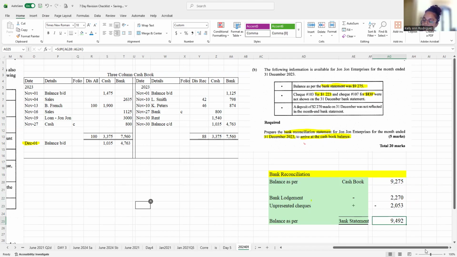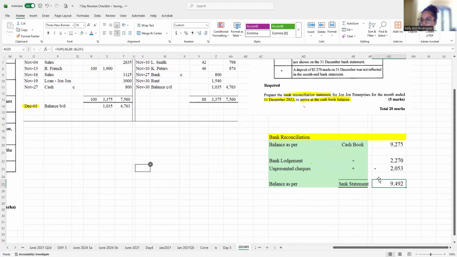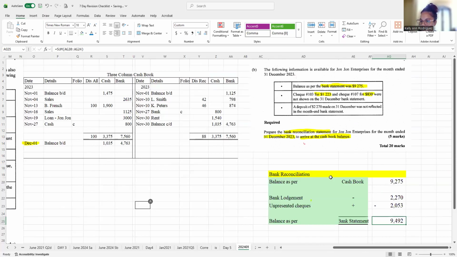And that was worth 5 marks. So from 1:30 to 1:44, which was 15 minutes, we were able to cover 15 marks on your cash book and 5 marks on your bank reconciliation. Just by simple things, knowing if your cash book is increasing or decreasing, debit or credit side.